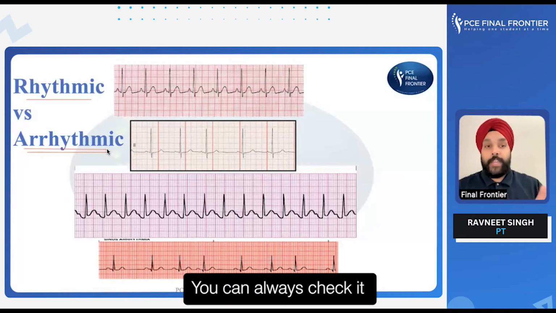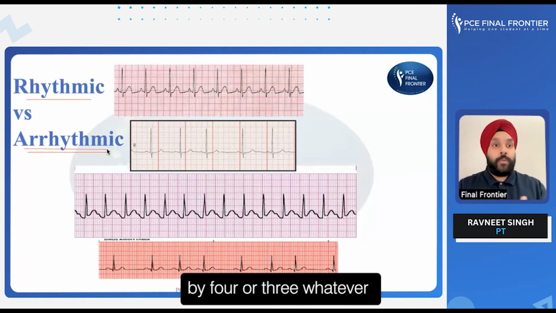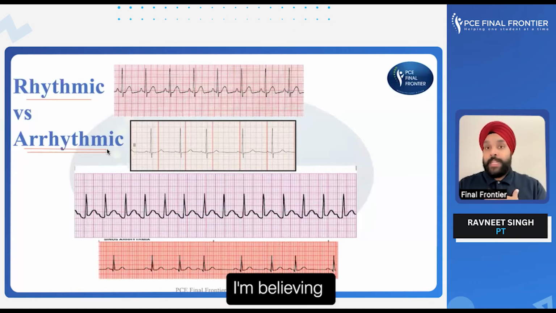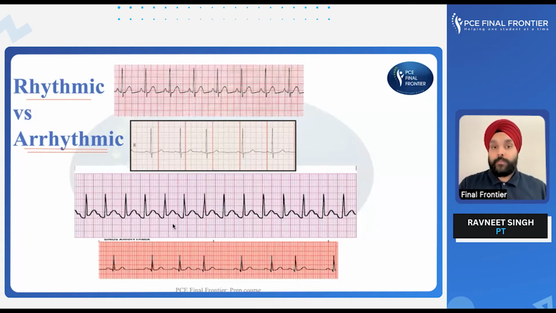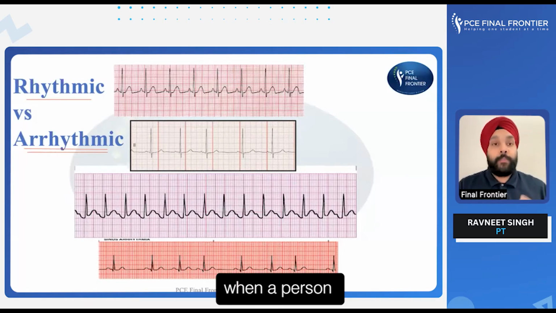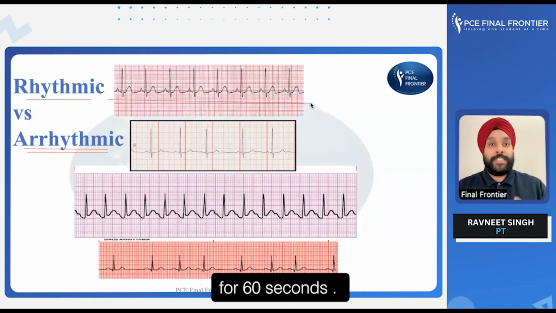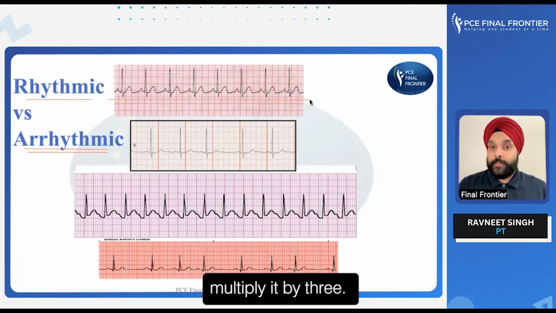You can always check it for 15 or 20 seconds and then multiply it by 4 or 3, whatever suits you. The reason is that I believe my patient has a rhythmic heart rate. When a person has a good rhythm, you don't really have to count the heart rate for 60 seconds. You can check it for 20 seconds and multiply it by 3, right?